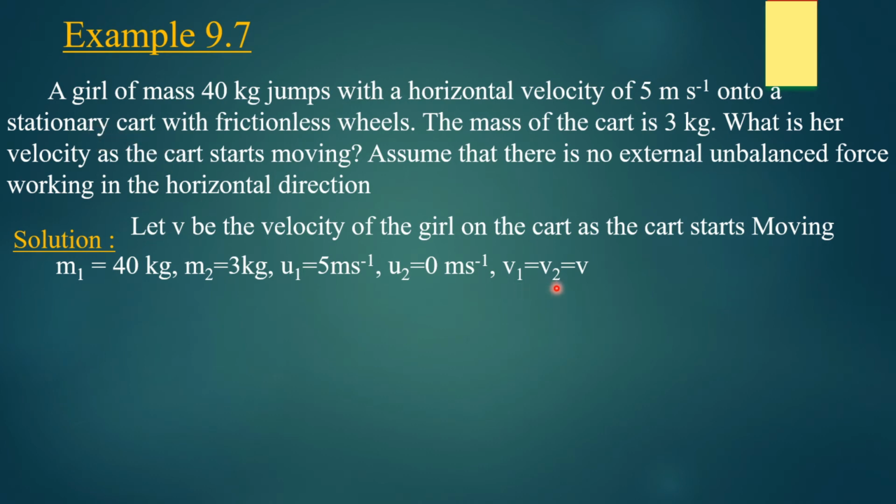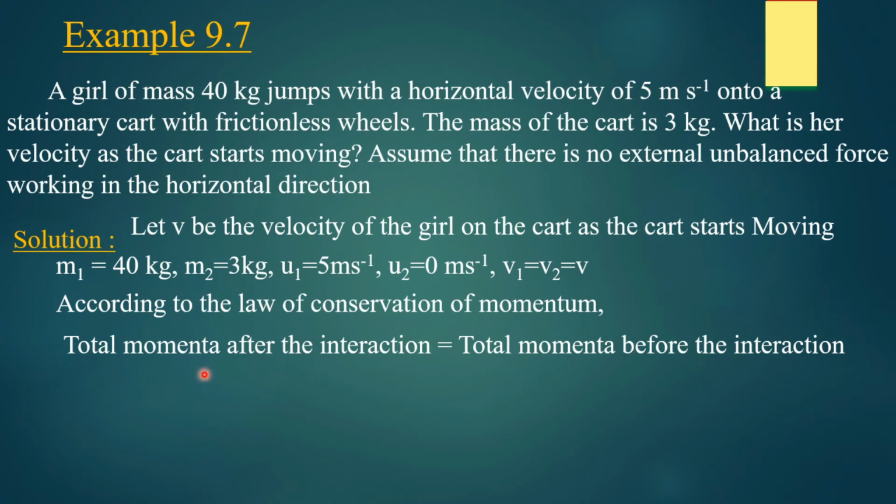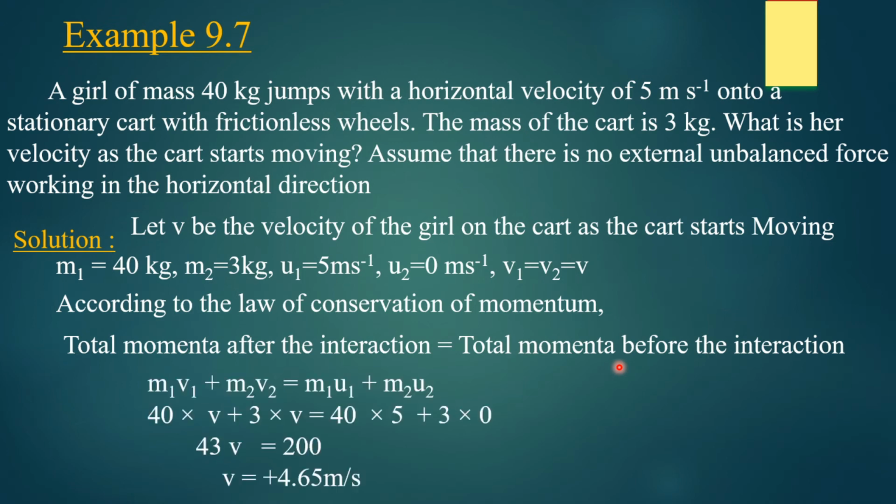v1 is equal to v2 equal to v, because the girl will jump on the cart and both will move with the same velocity v. According to the law of conservation of momentum, total momenta after the interaction will be equal to total momenta before the interaction.